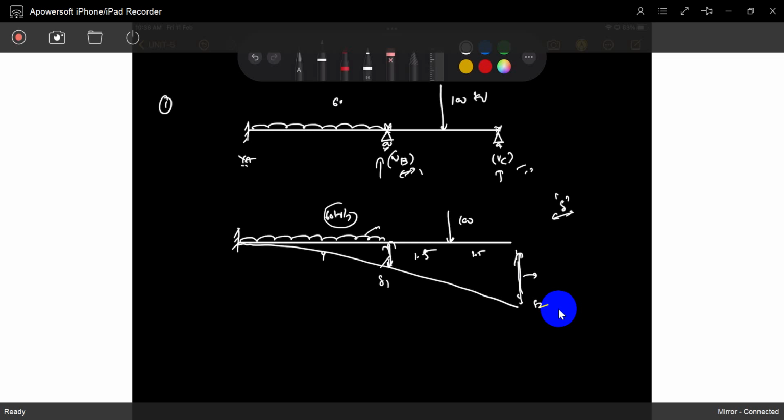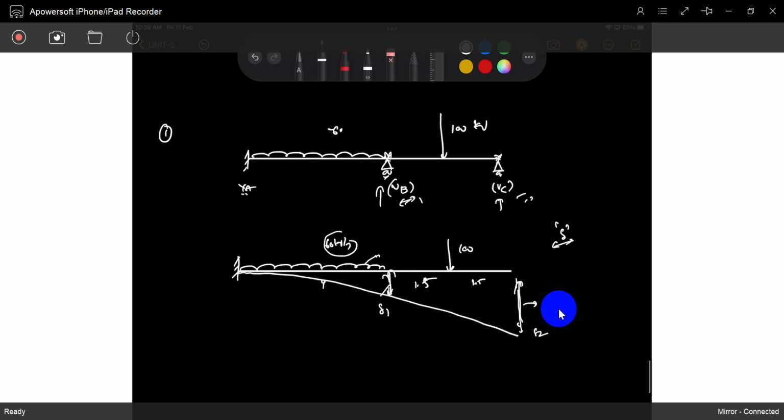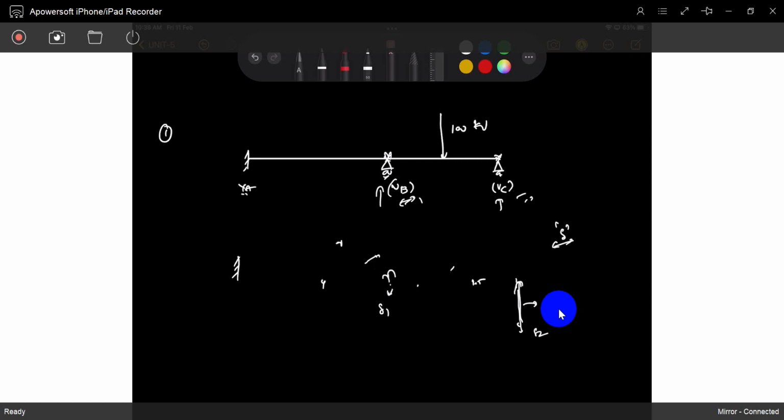Remaining everything, deformation, flexibility matrix, is the same. The flexibility matrix doesn't depend on the loading. It only depends on the conditions or the redundants. So I will change the loading. You have to do it.